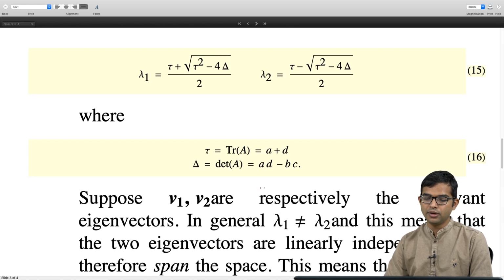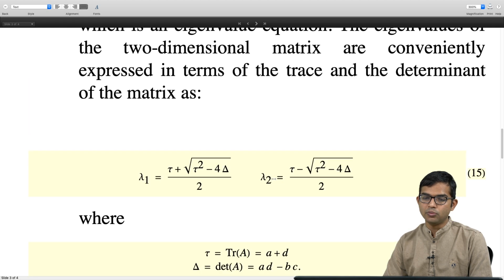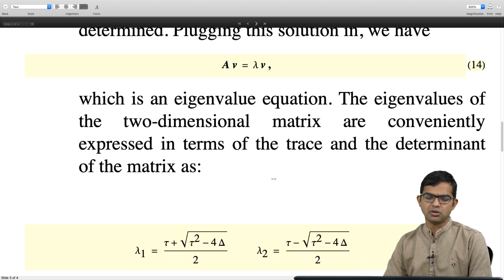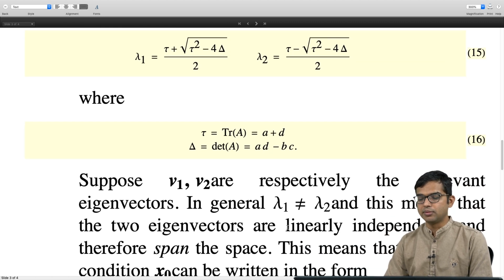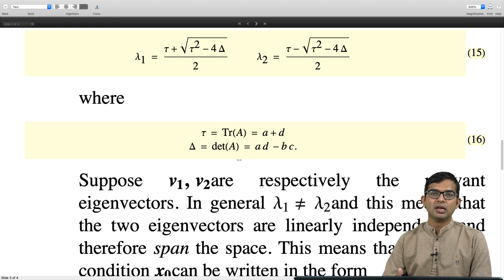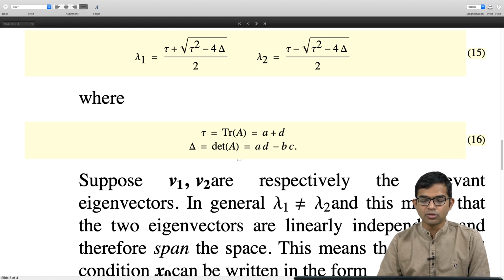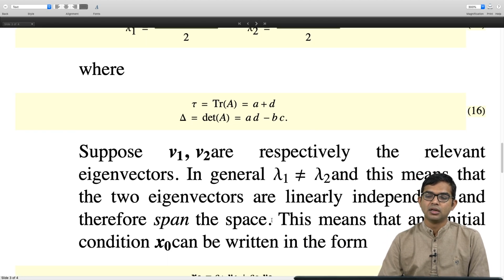Now if nu1 and nu2, I guess we have called it v1, so that's fine. So nu1 or v1, whatever you want to call this, are respectively the relevant eigenvectors. So in general, lambda 1 is not equal to lambda 2, and this means that the two eigenvectors are linearly independent and therefore they span the space, right? If you take a course on linear algebra or in some physics math methods type courses, you may go into some details of when a matrix is diagonalizable and when it will give you eigenvectors which are linearly independent and so on.